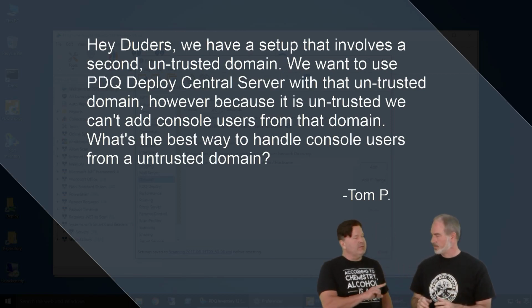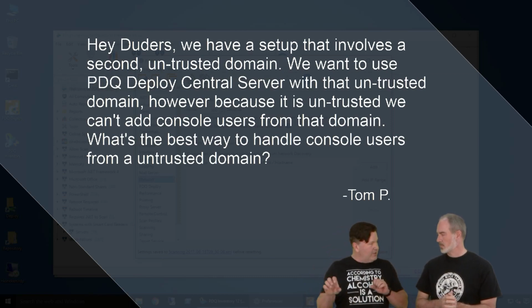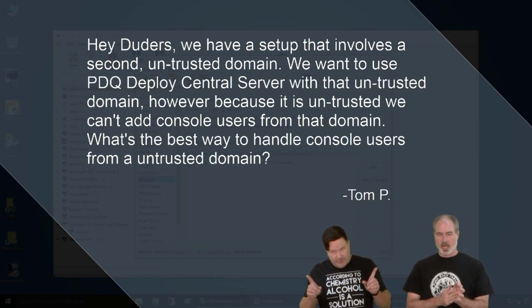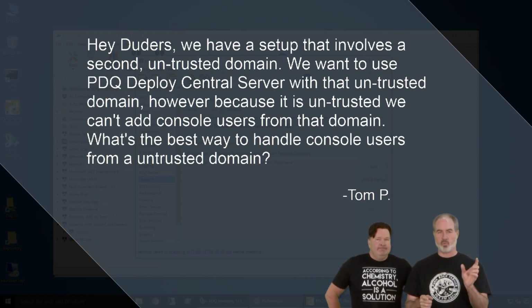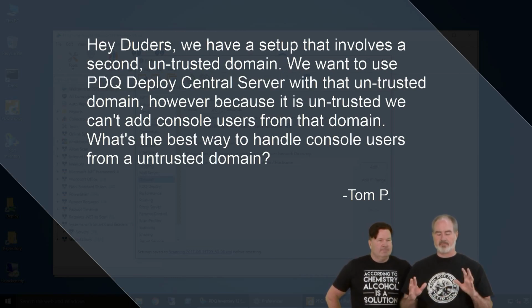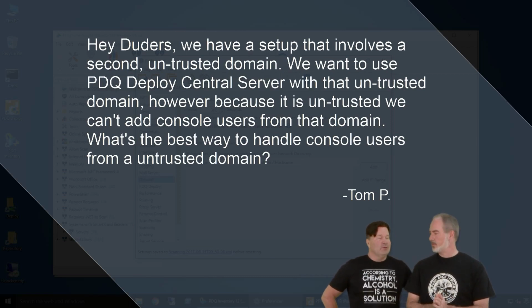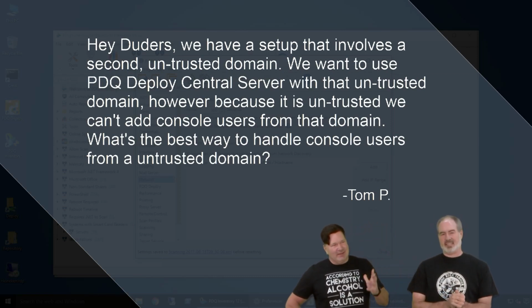So to be clear, you'd have to manually change those. Yes, you'd have to do a manual change. You can add multiple console users once the background service is changed. This is not what I like. It's one of those you can do it, but it's not probably the best.